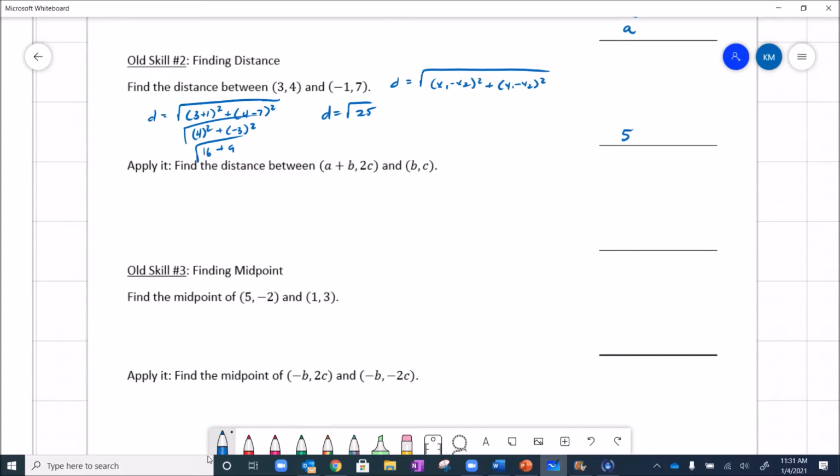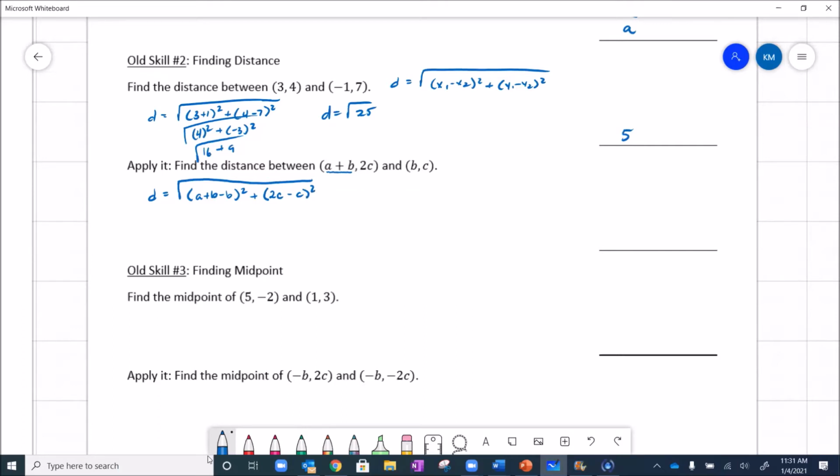Here we can do the same thing with variables, even though it looks a lot funkier, especially this expression of a plus b. So our distance is the square root of (a plus b minus b) squared plus (2c minus c) squared.